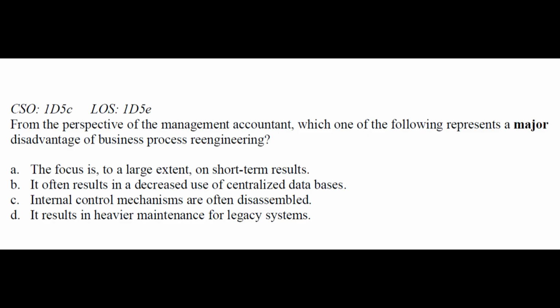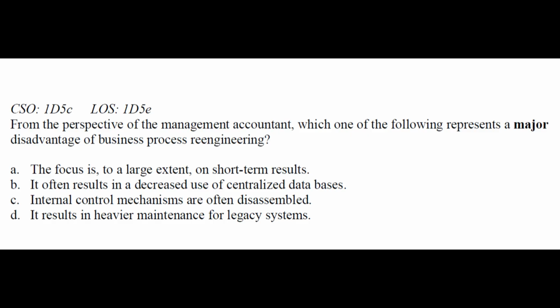Incorrect. BPR typically focuses on long-term process improvement, not short-term results. B. It often results in a decreased use of centralized databases. Incorrect. BPR usually promotes integration and centralized information systems, not reduced use.